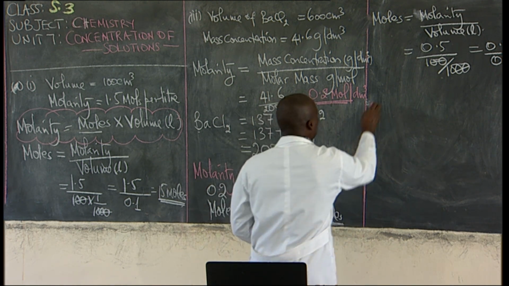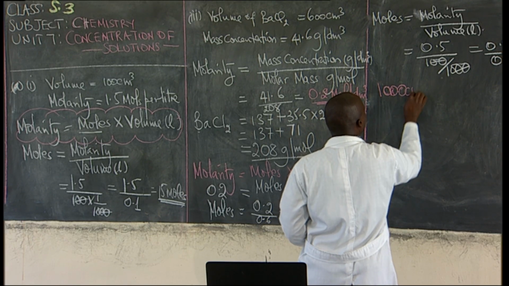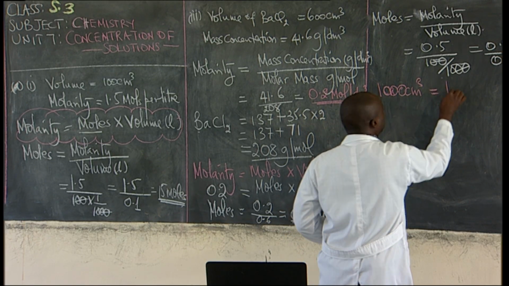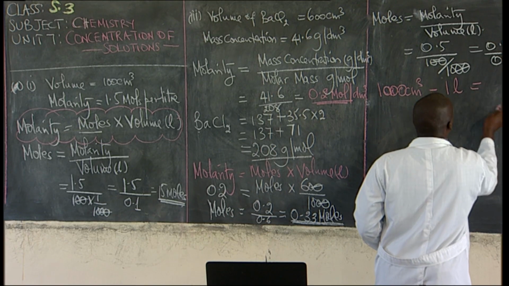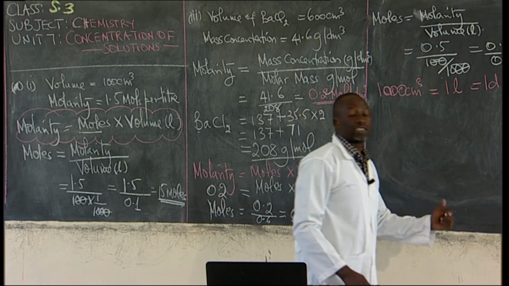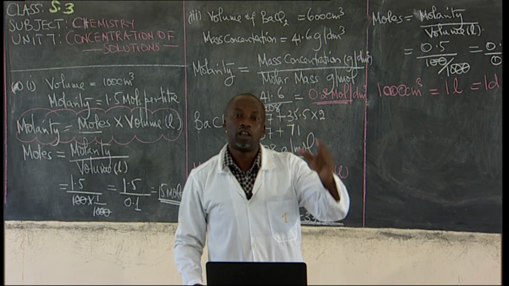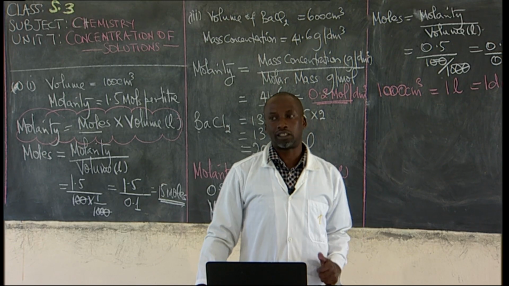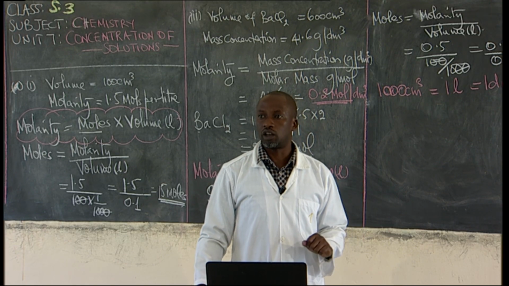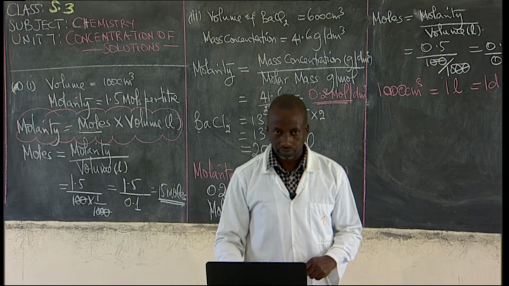Remember that 1,000 cubic centimeters is equal to 1 liter, which is equal to 1 decimeter cubed. So that is the same. The moment you have decimeter cubed, don't divide, like that part 3. Don't divide by 1,000, because the volume is already in liters.